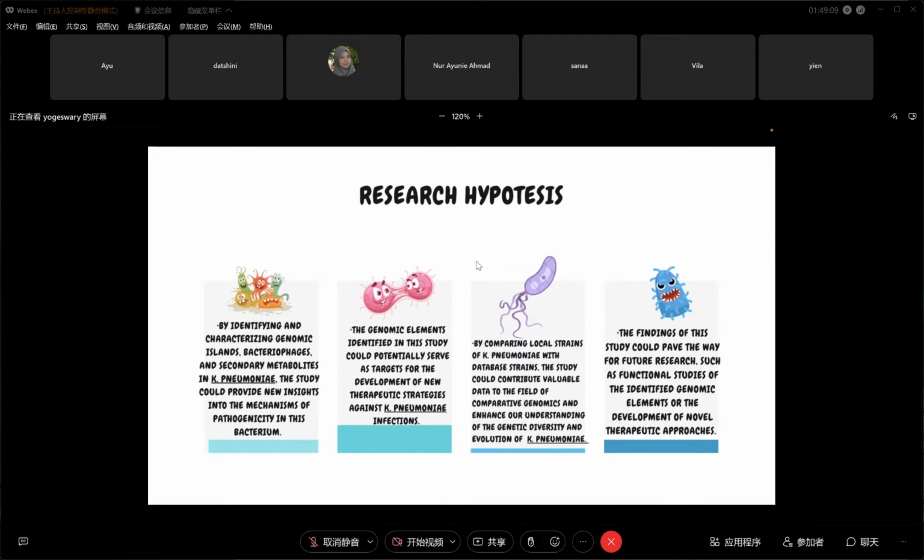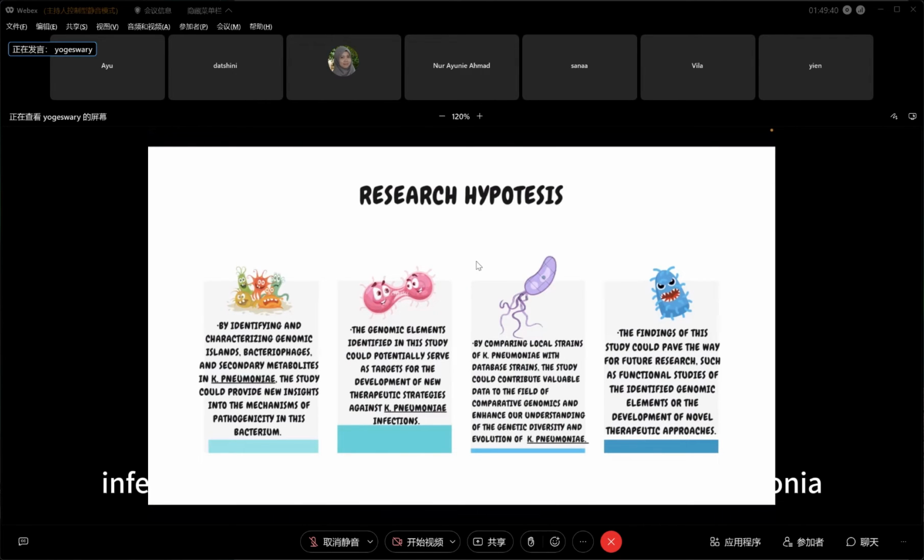Research hypothesis. By identifying and characterizing genomic islands, bacteriophages, and secondary metabolites in Klebsiella pneumoniae, the study could provide new insight into the mechanism of pathogenicity in this bacterium. The genomic elements identified in this study could potentially serve as targets for the development of new therapeutic strategies against Klebsiella pneumoniae infection.